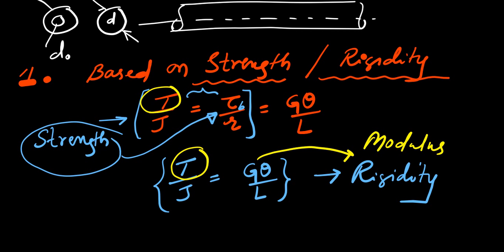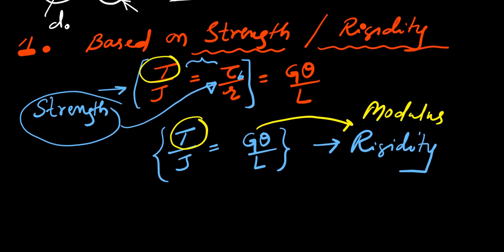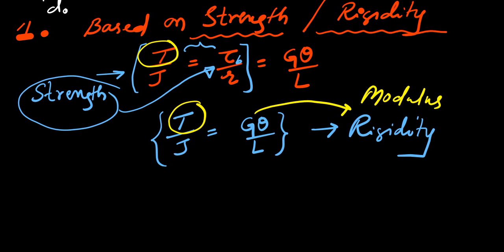Here T is the torque, and J is the polar moment of inertia. I hope you know these terms also. Again I will repeat: T indicates the torque, J indicates polar moment of inertia, tau indicates the bending stress, R indicates the radius of the shaft, G indicates modulus of rigidity, theta is angle of twist, L is the total length of the shaft.